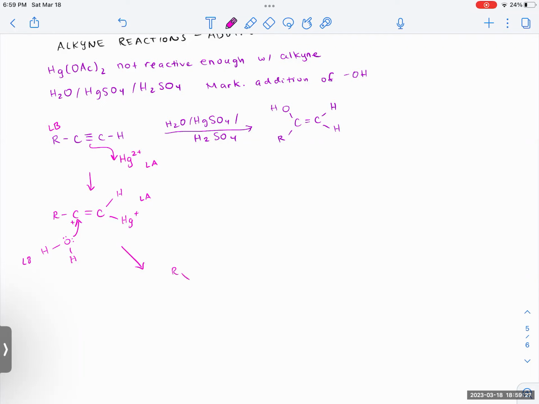So now we've got this looking thing. And water is going to come in again and deprotonate.